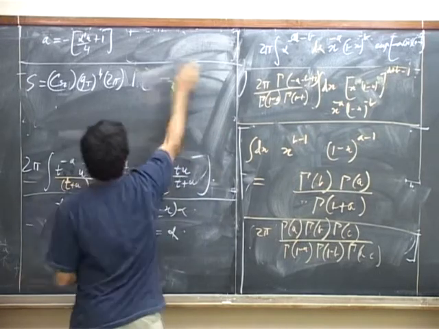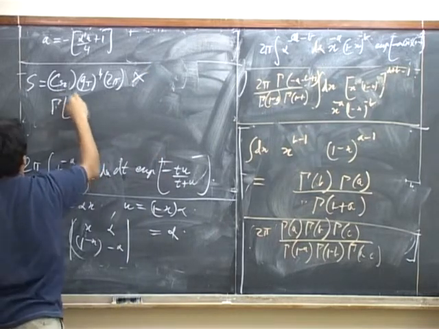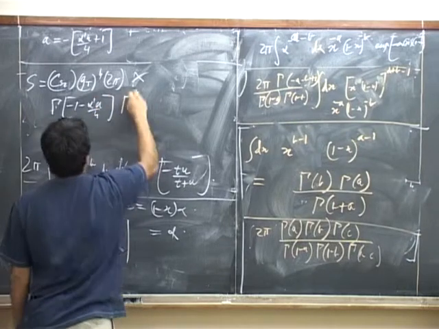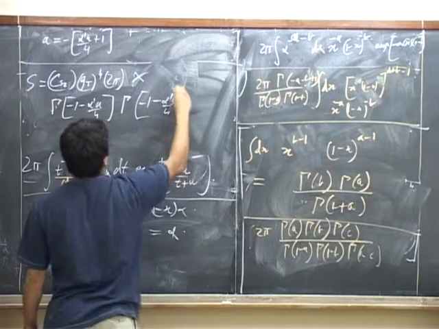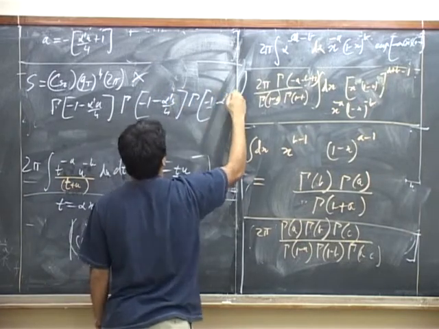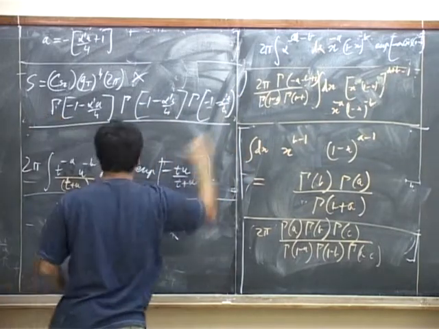Okay, let me write it in the next line. Into gamma of minus 1 minus alpha prime u by 4, gamma of minus 1 minus alpha prime s by 4, gamma of minus 1 minus alpha prime t by 4. The whole divided by.